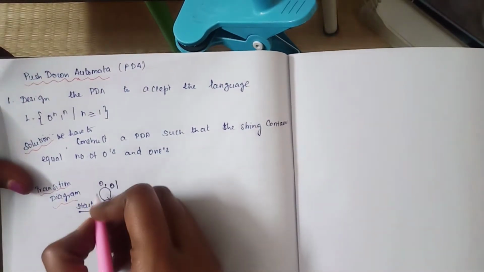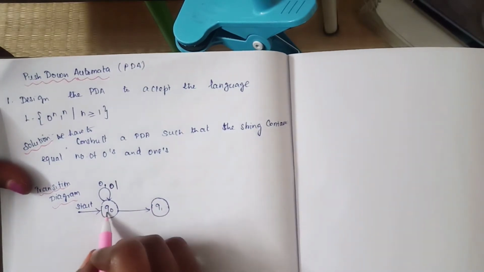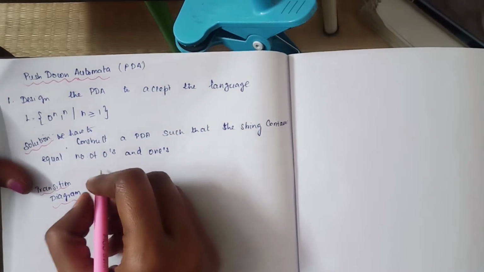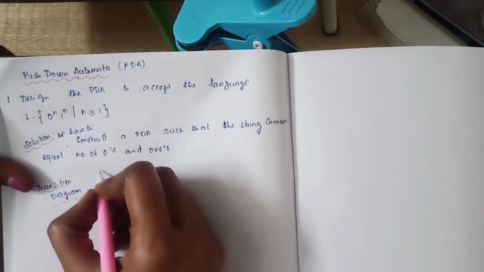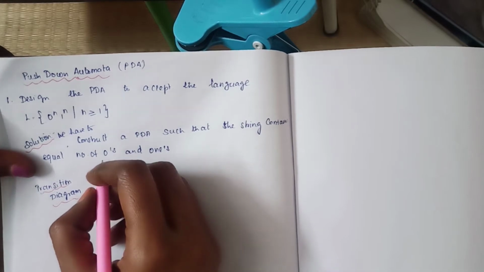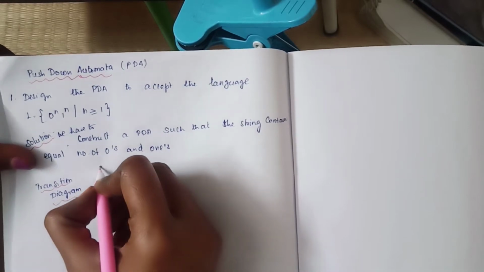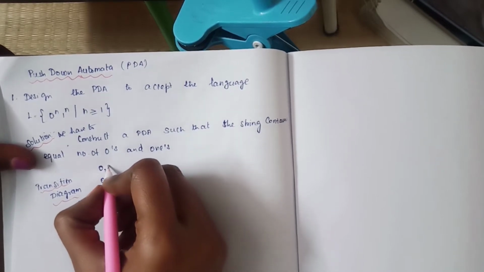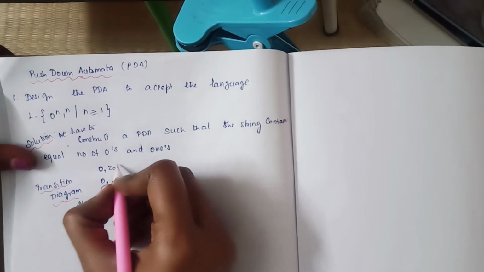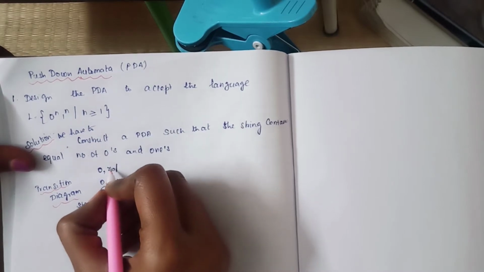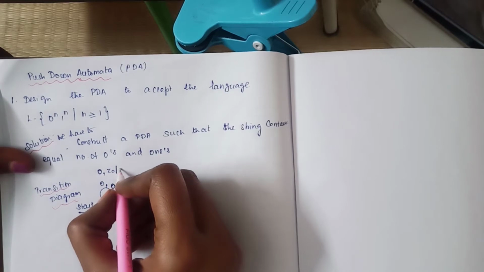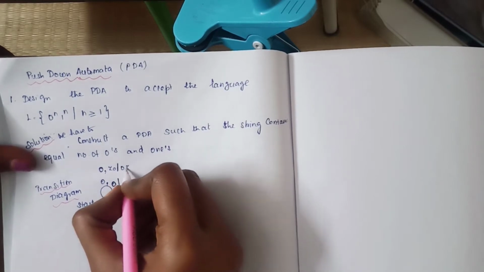When the transition diagram comes, we will have the start state as Q0. So here the PDA always has the input format, right? If you are giving an input symbol as 0 and the top of the stack is Z0, after pushing this you will have 0 Z0.